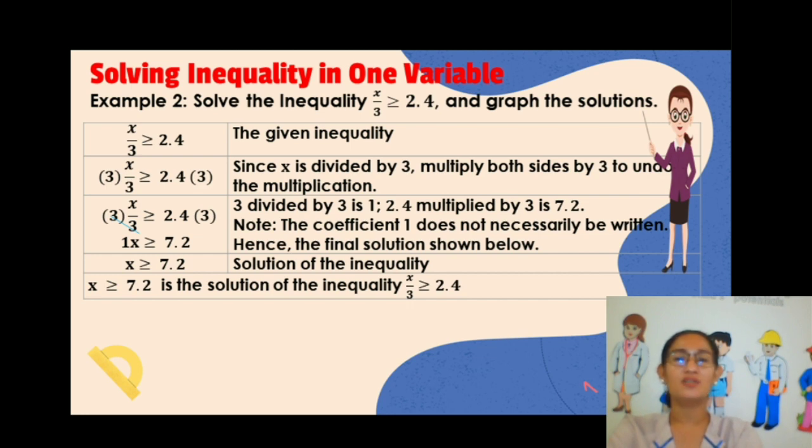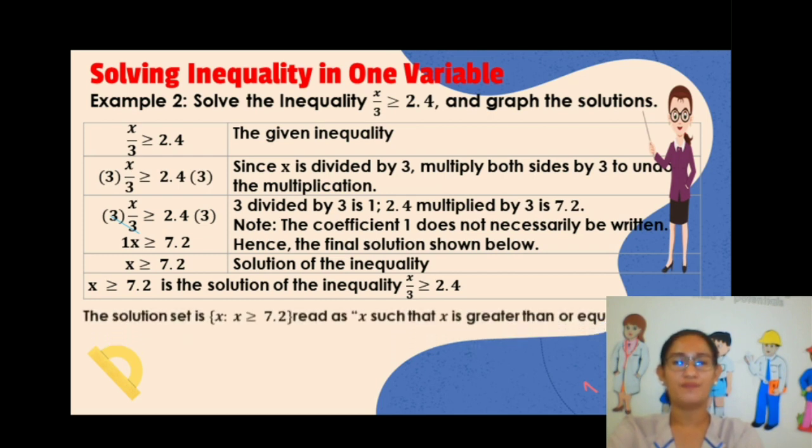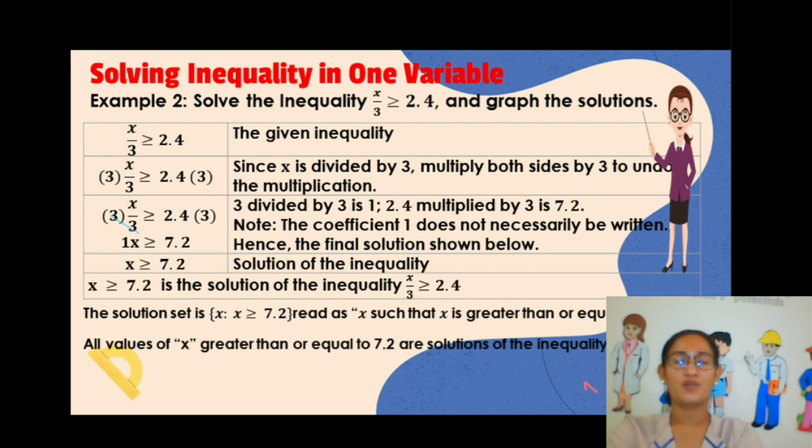Take note that the coefficient 1 does not necessarily need to be written. Hence, the final solution is shown below: x is greater than or equal to 7.2. 7.2 is a solution of the inequality x over 3 is greater than or equal to 2.4. All values of x greater than or equal to 7.2 are solutions of the inequality x over 3 is greater than or equal to 2.4.